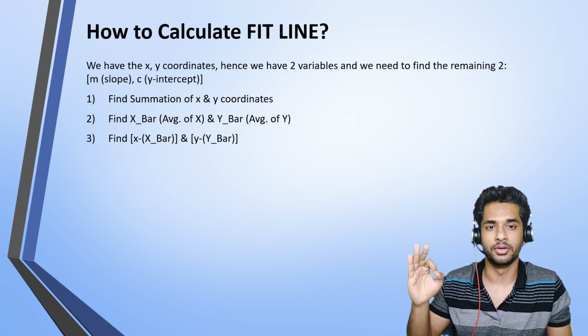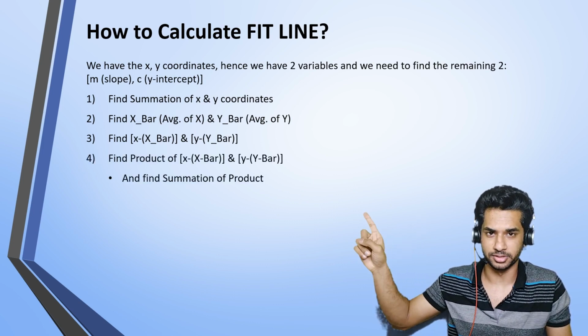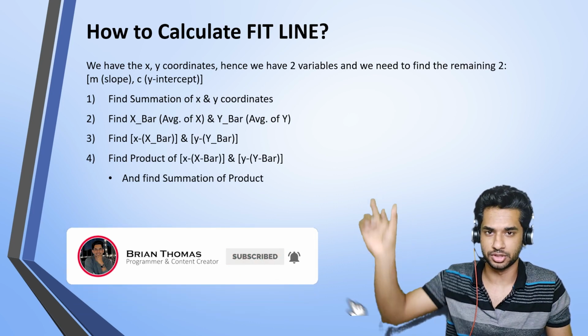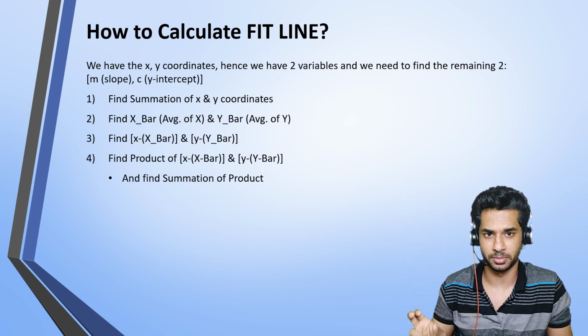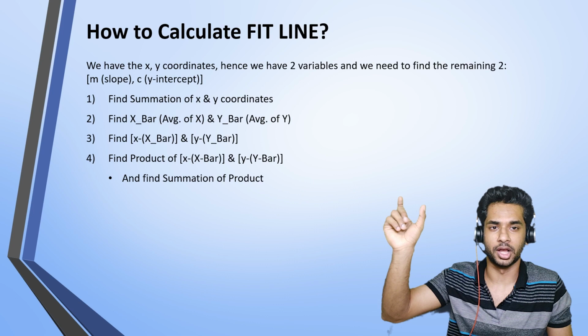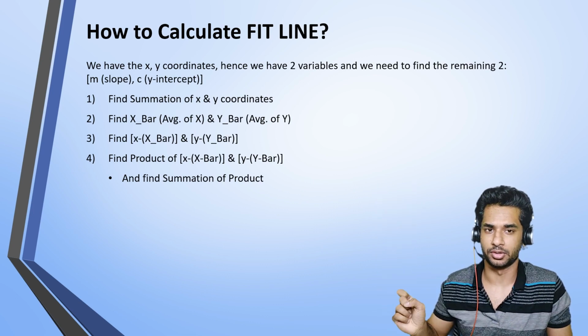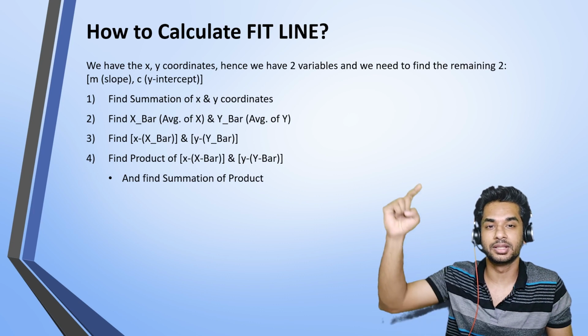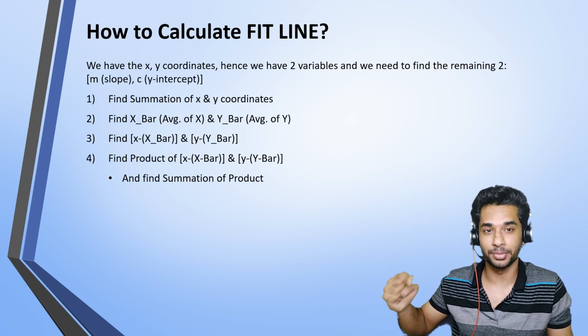Now what is this? We need to multiply x minus x bar into y minus y bar. So if we have a list of x minus x bar values and a list of y minus y bar values and we multiply both, we'll again get a list of values called product. Then we need to find the summation of product. That means we need to find the sum of all the elements that are present in product.